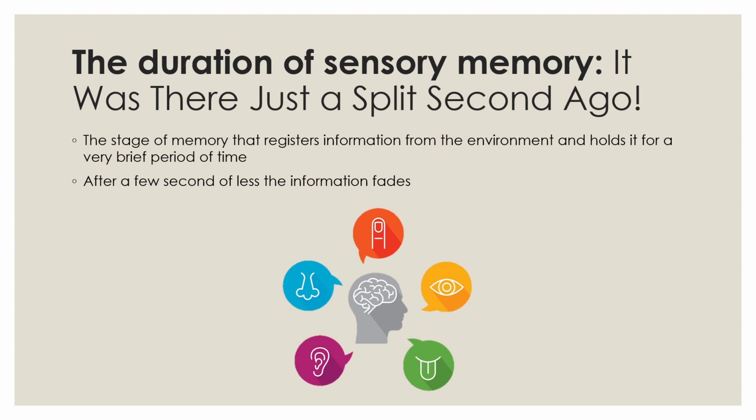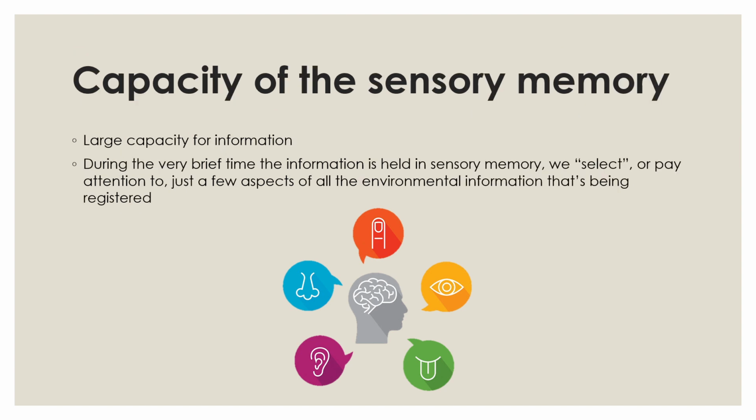Again, the duration is 1/4 of a second to 3 seconds, and after that, the information fades. If you pay more attention to that information and give it more than 3 seconds, then the information is shifted to the short-term memory. Otherwise, the information stays in sensory memory and quickly fades.